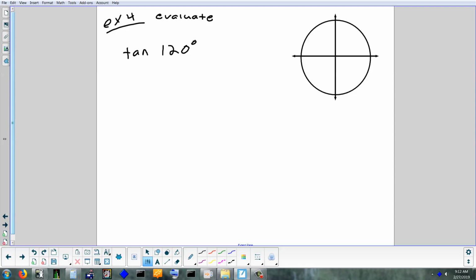So let's graph this and see where 120 is. So Devin, where's 120? I know it's in the second quadrant, but closer to 180, closer to 90, or right in the middle? Closer to 180. Um, 90. So yeah, how far away from 120 is 90?